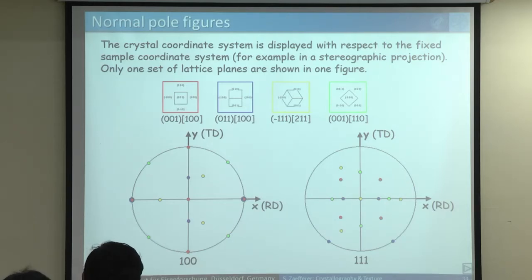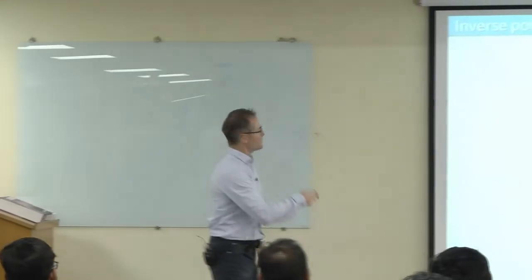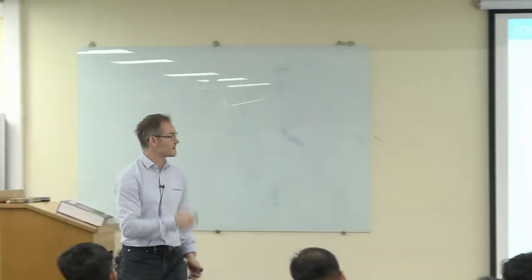Okay, but this is normal pole figures. And now we make the step to inverse pole figures. And you will see this is super important when you handle EBSD, because often you see inverse pole figure maps. And I'm not quite sure whether every one of you knows what that is, the inverse pole figure map. But first we need to plot inverse pole figures.